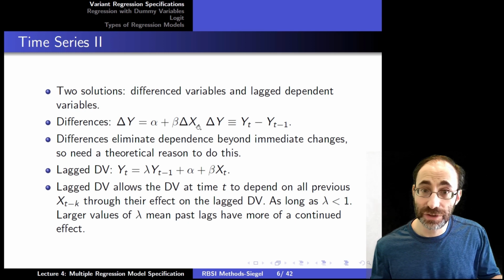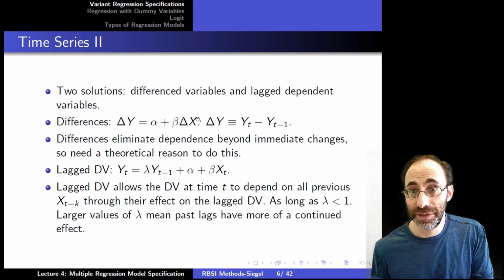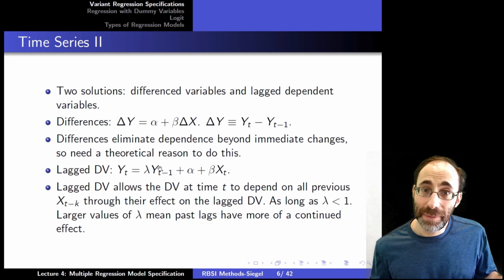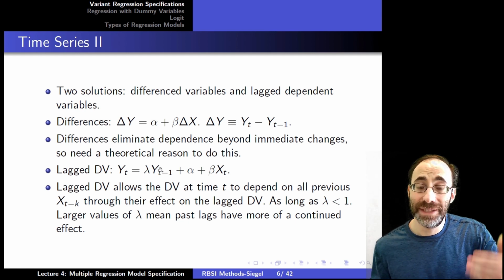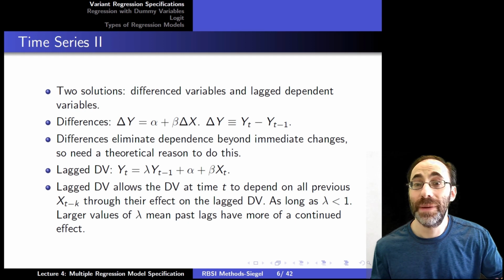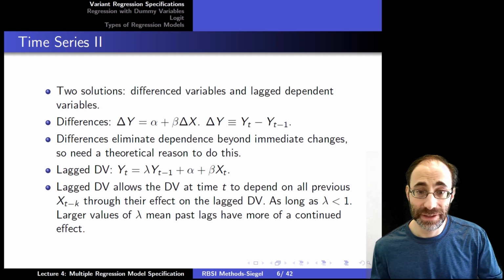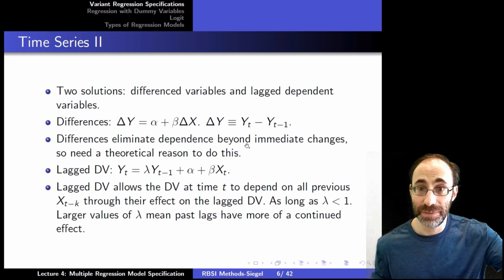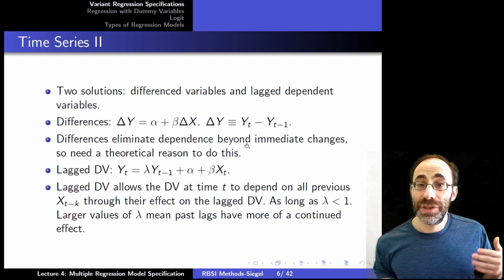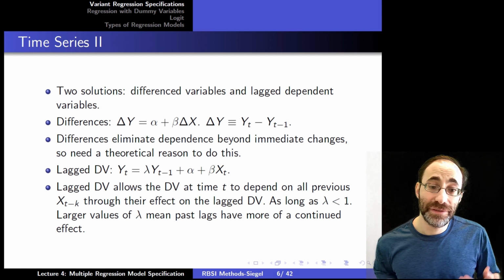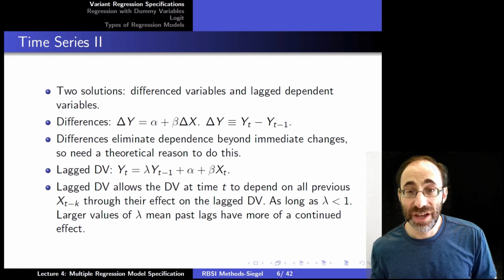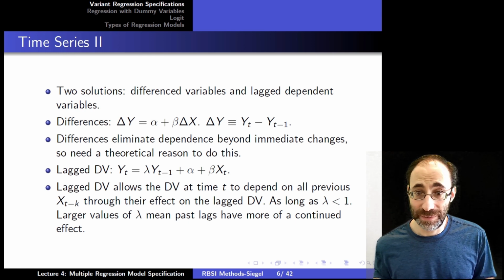They could be whole vectors, or in this case, matrices of multiple independent variables. So this is saying we're making the previous period's dependent variable into another independent variable by lagging it. A lagged variable is one from the previous period or some previous period. What this does effectively is it allows the dependent variable to depend on all previous independent variables through their effect on the lag dependent variable.